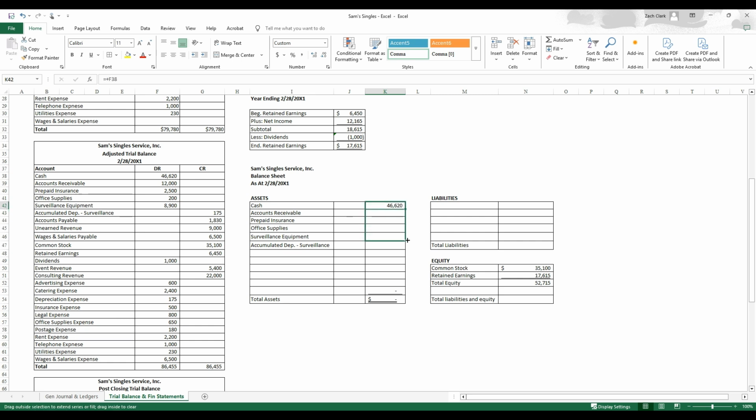I'm going to drag these down. Here again, surveillance equipment and accumulated depreciation, surveillance is going to be off on their own little spot. This gets us net book value, and we're going to just add that over here. So the net book value is 8,725 because of the contra asset.